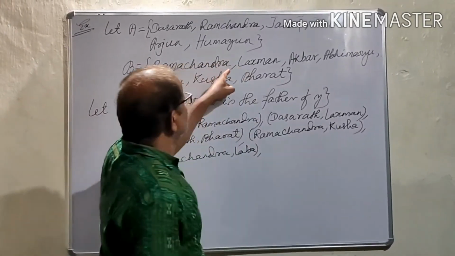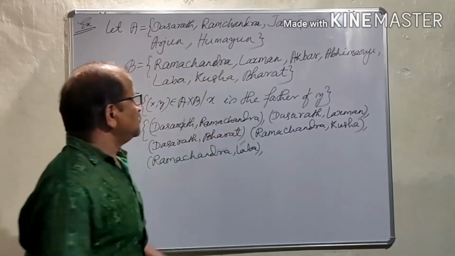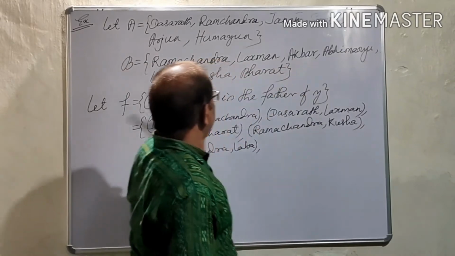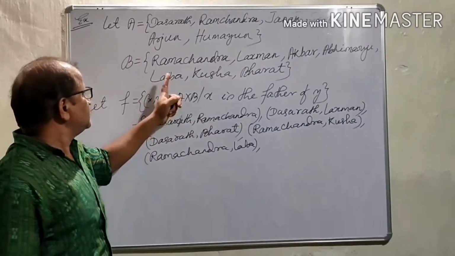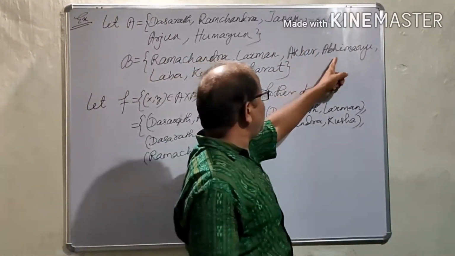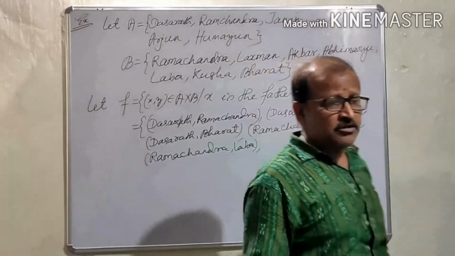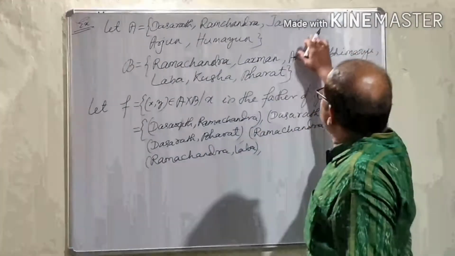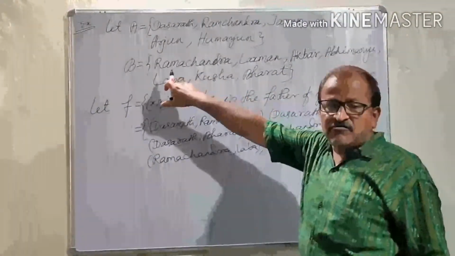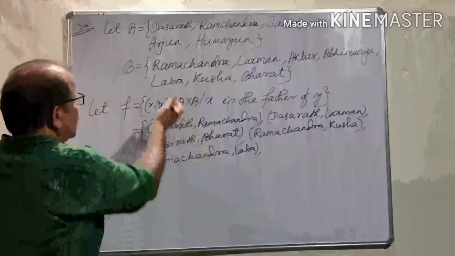Then is Ramachandra the father of any other? No. Then Janak. Though Janak is there, Janak is not related to anybody here, because Janak is not the father of any element inside B. Though he may be the father of Sita, Sita is in set A, not B. So Janak is nowhere related to any element of B. Then Sita cannot be the father of anyone, though Lava and Kusa are there.